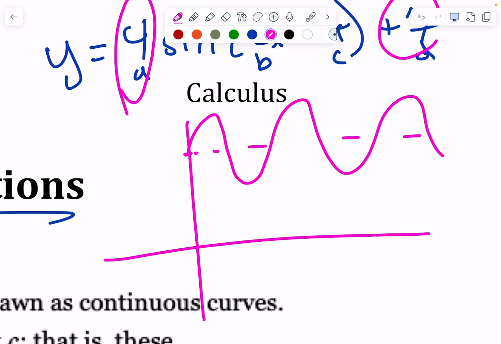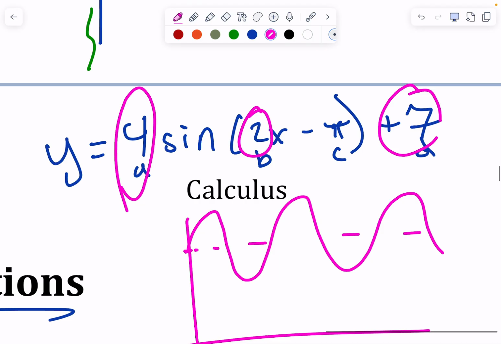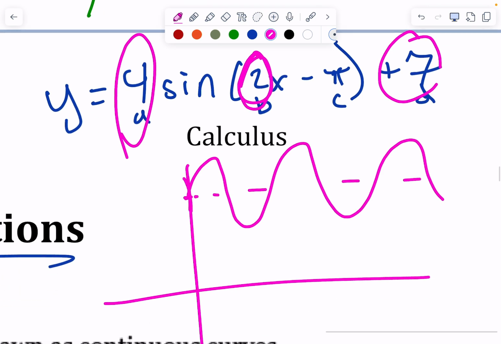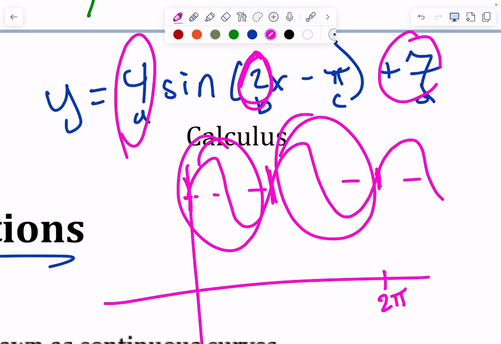Does that make sense? The 2 is going to change the period. If he's 2, that means 2 periods fill what 1 period would be, so he's going to be shorter. From 0 to 2 pi, 2 chunks fill that section.